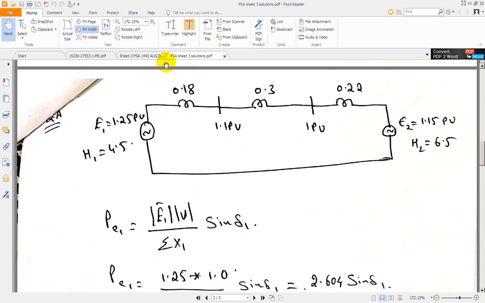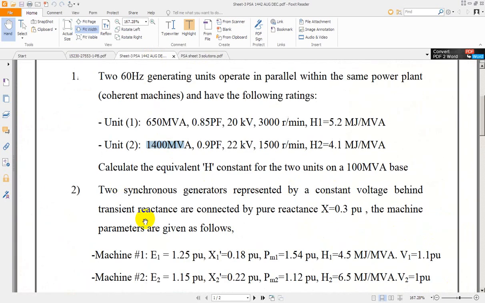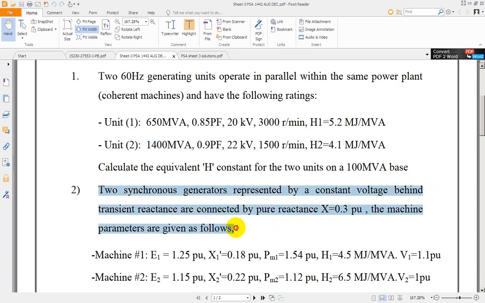Coming to the second question, we have two synchronous generators represented by a constant voltage behind the transient reactance, which are connected by a pure reactance X equal to 0.3 per unit. He is telling the equivalent circuit in sentence form.